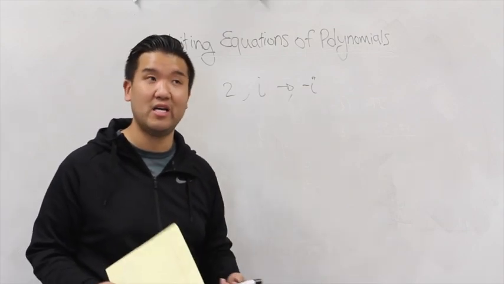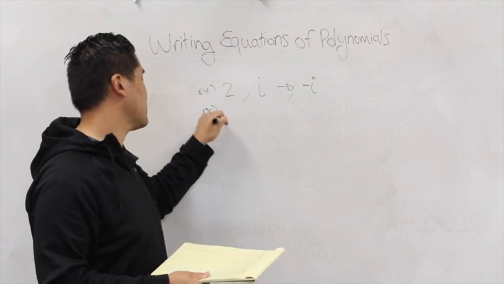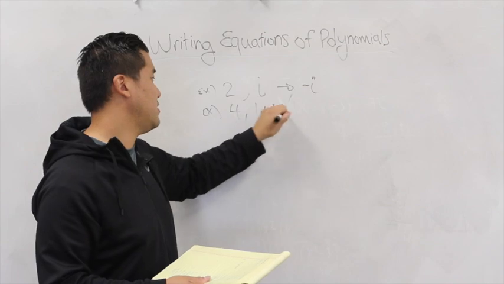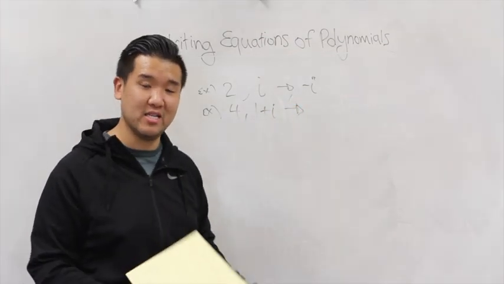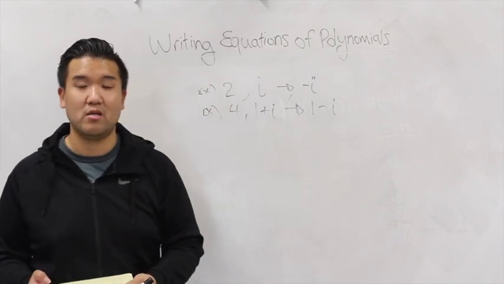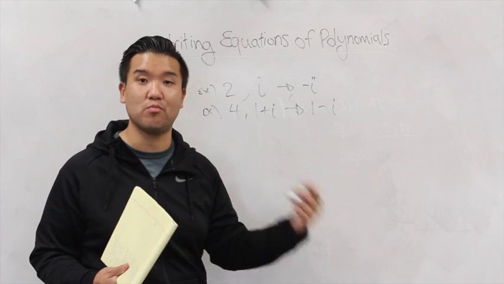If I give you negative i, then you have to give me the positive i. Another example, if I give you 4 and 1 plus i, then because I know 1 plus i is an x-intercept, you also have to know 1 minus i is also an x-intercept. Most of the time they won't give you both, you have to know that the other one is also present.